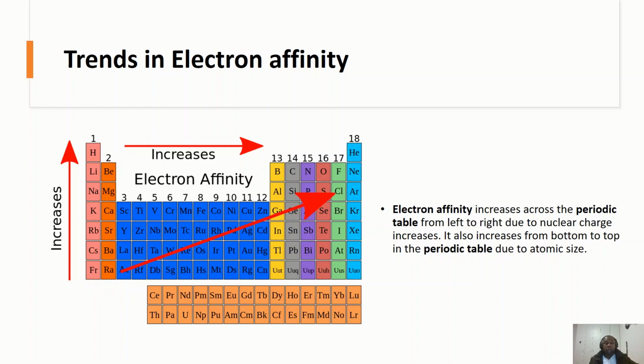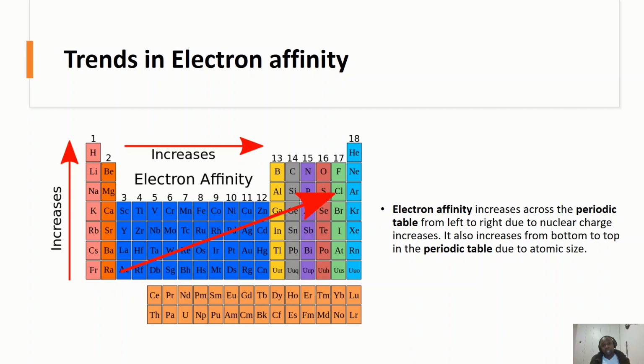We're talking about the group now. For the arrow that moves from bottom to top for the group, you can see that the electron affinity increases as you move from bottom to top. The reason is the one we've explained earlier: at the bottom there are so many shells, so it's difficult for the protons to attract electrons to itself.